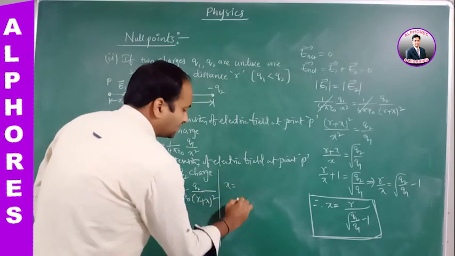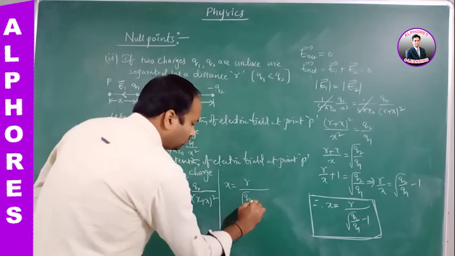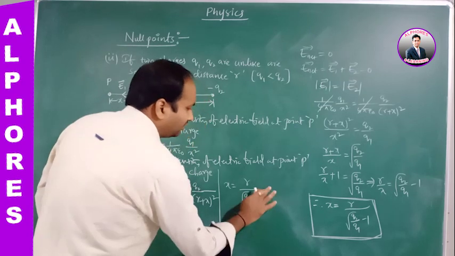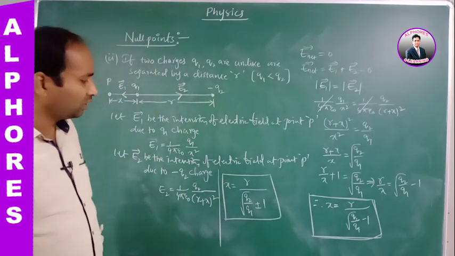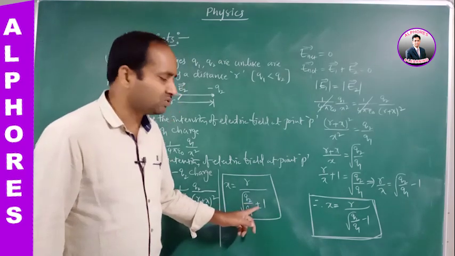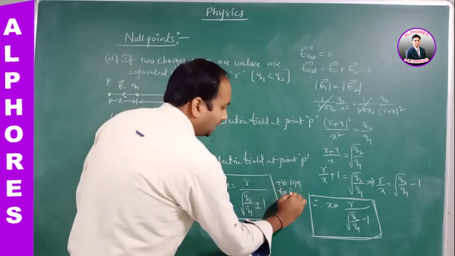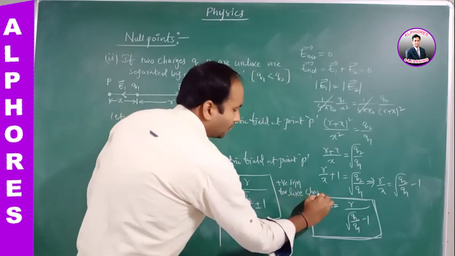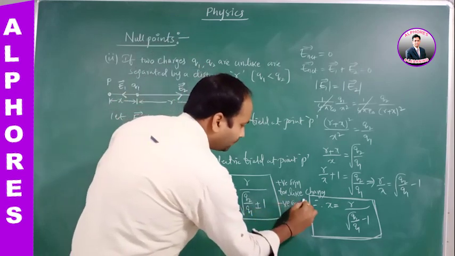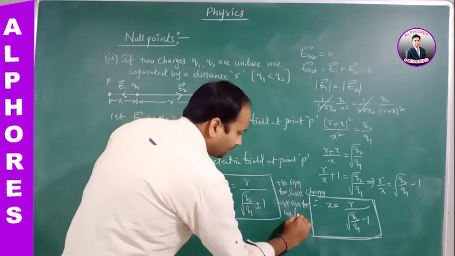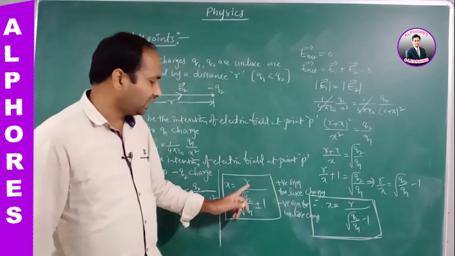The location of null point x is equal to r by under root of Q2 by Q1 plus or minus 1, where r is the distance between the two charges. See, we take the positive sign for like charges, and the negative sign for unlike charges.